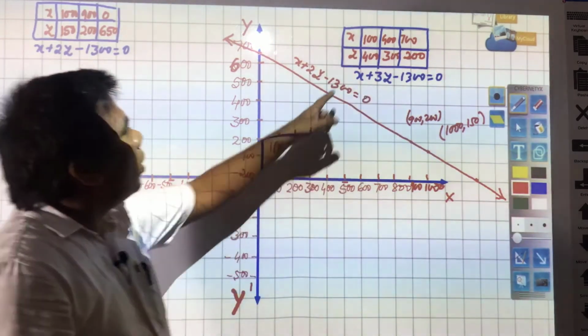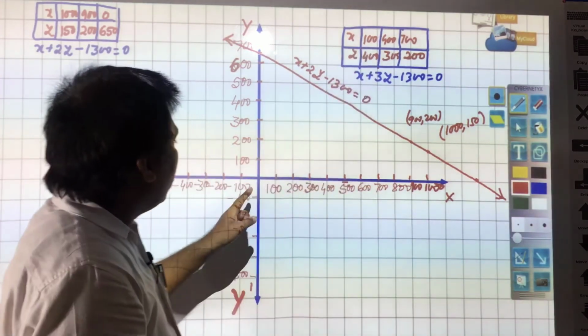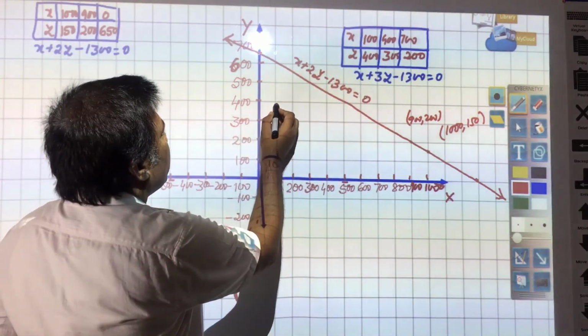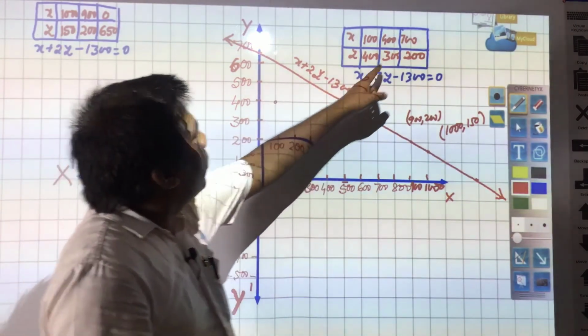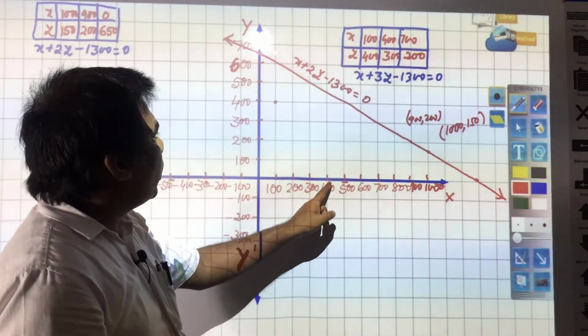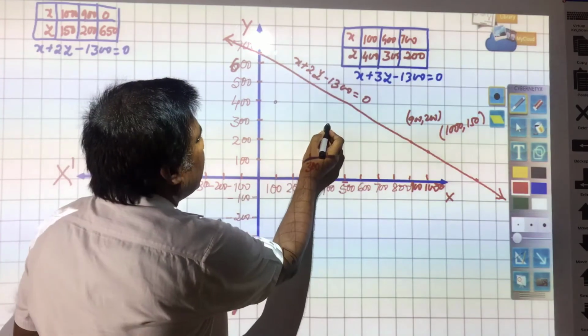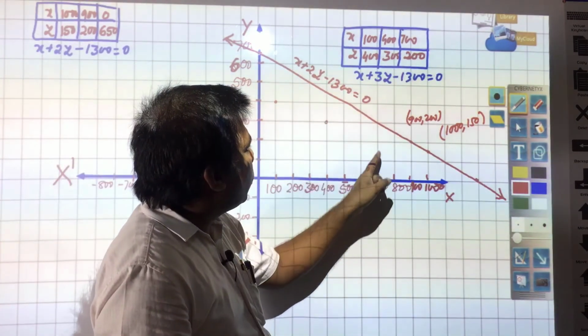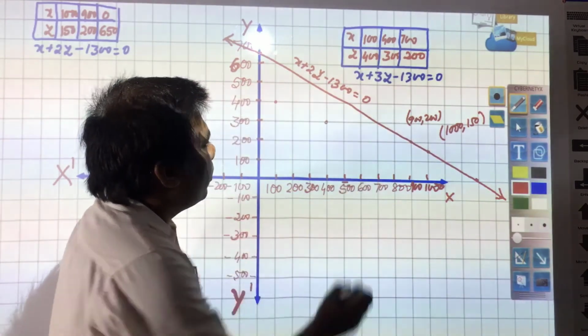Next line we will draw, x is equal to 100 and y is equal to 400. Then you have 400 and 300. Then you have 700 and 200, this line you will have.